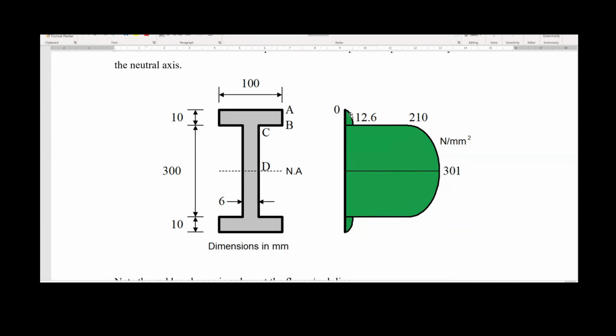All this distribution from 0 to 12.6 is parabolic, and from 210 to 301 is parabolic as well, because we still have this parabolic distribution of the shear stresses, but because of the shape of the section we have these sudden changes in the shear stresses.